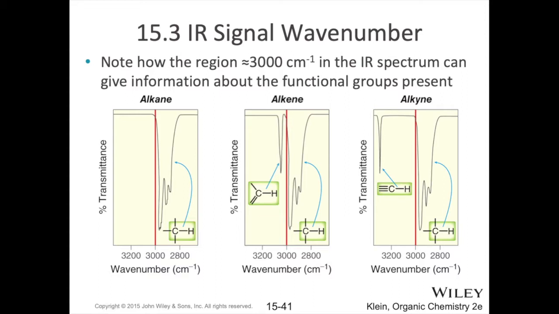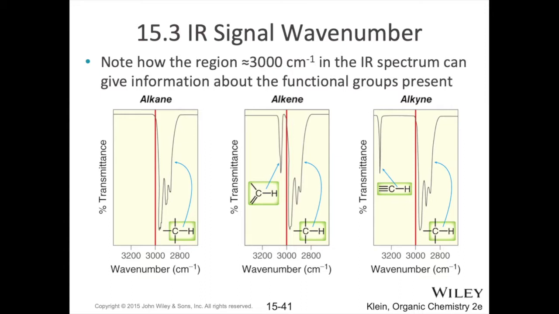With that in mind, that itself will also give us a useful piece of information when we're looking at the wave numbers of certain bonds. We can use that 3000 number as a divider or a border or benchmark.